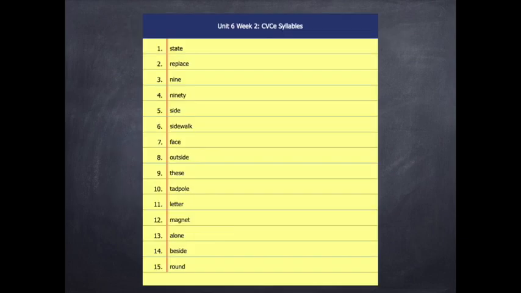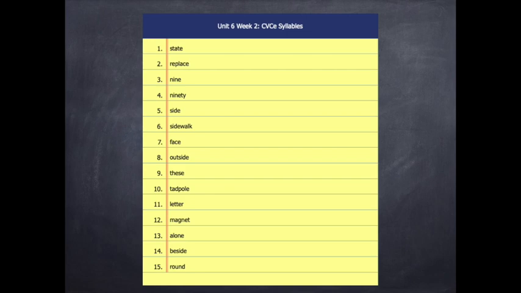So these are our spelling words this week. Some are review and some are new that have that CVCe, or the bossy E as we call it, the syllable pattern, okay? So number 1 is state. How many syllables does that have? Yeah, that has 1 syllable, state.